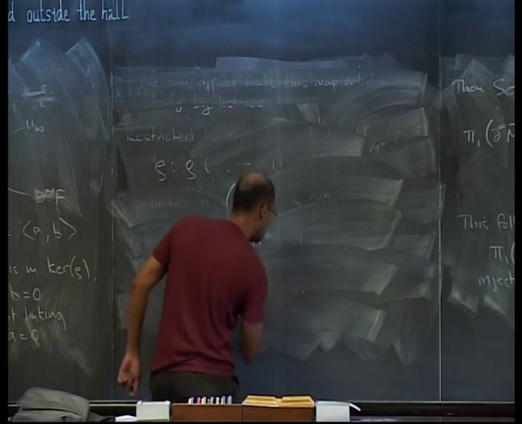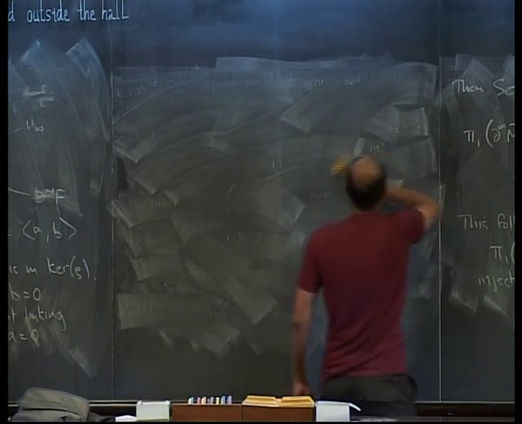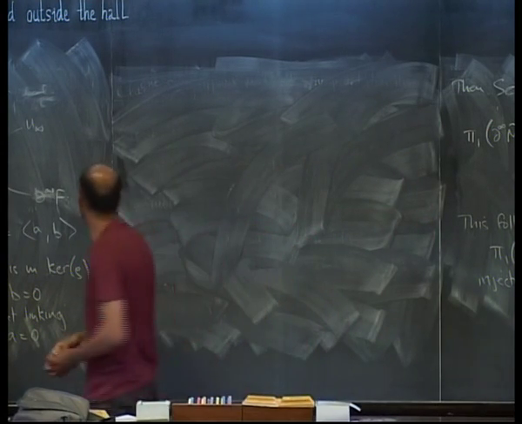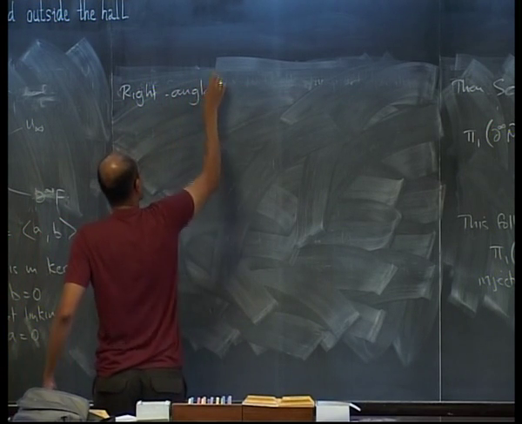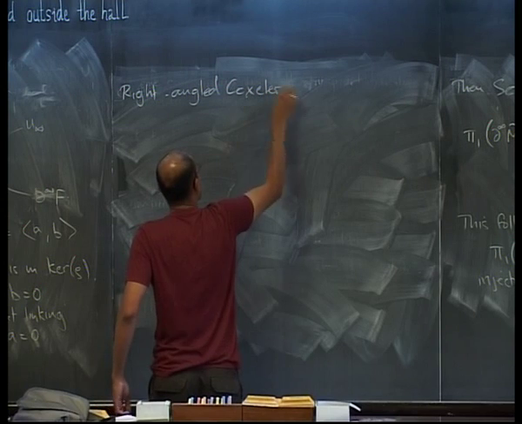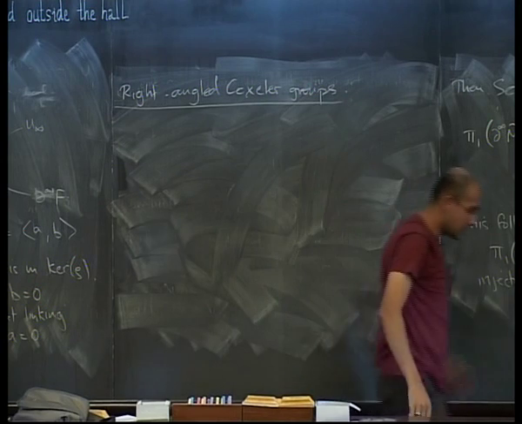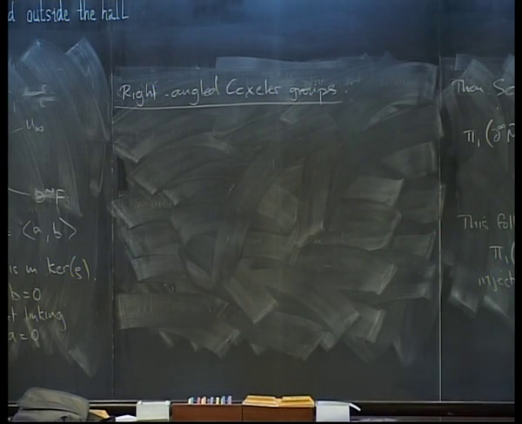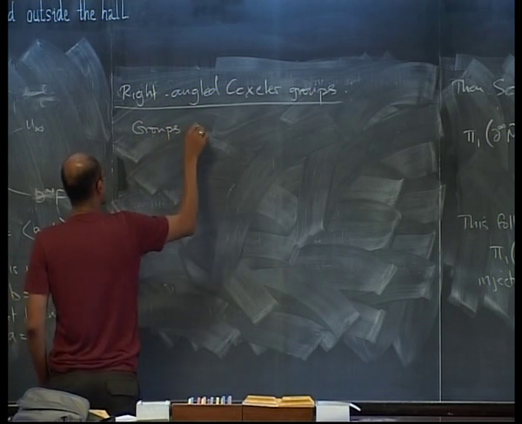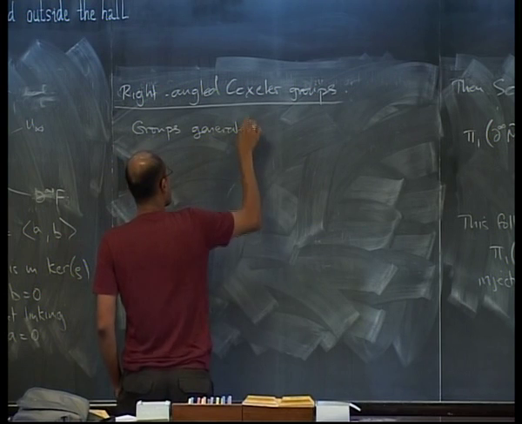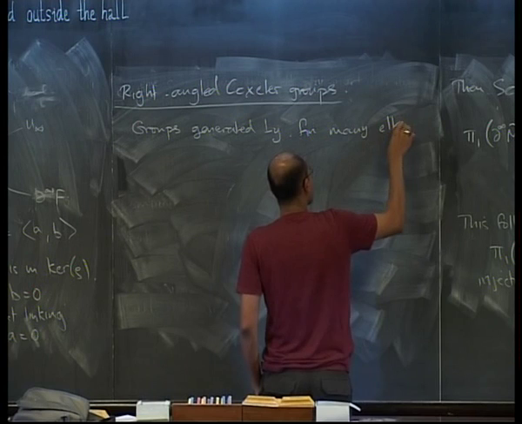All right. So to construct this manifold, what we use are right-angled Coxeter groups. So these are groups generated by finitely many involutions, elements of order 2.